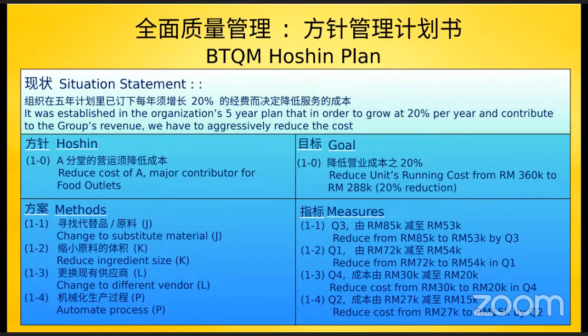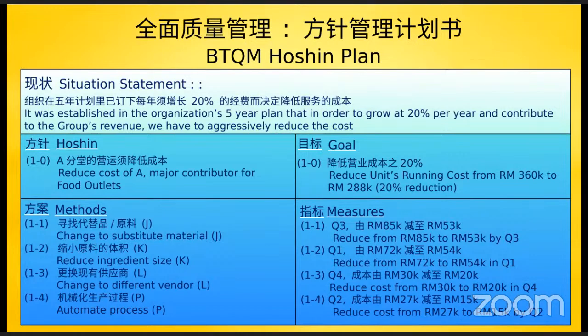So in each of the items, you also have a time frame for doing that. So for the first, you will do it in the 3rd quarter of the year. This is the yearly plan that we are talking about. So the second item will be done in the 1st quarter.